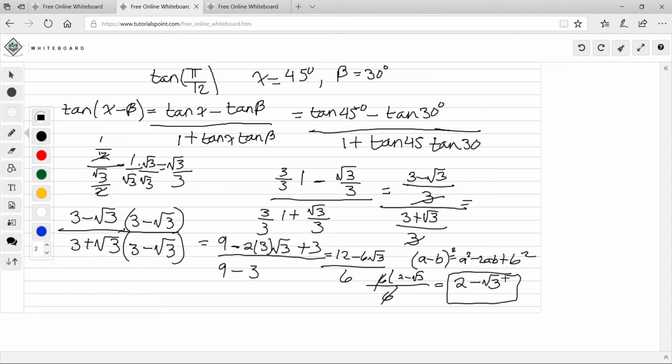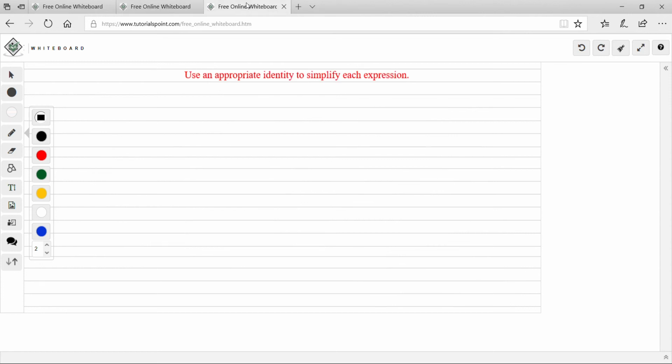Okay, last one. It says use an appropriate identity to simplify each expression. For part A, we have cosine of 47 degrees cosine of 2 degrees, plus sine of 47 degrees times sine of 2 degrees.